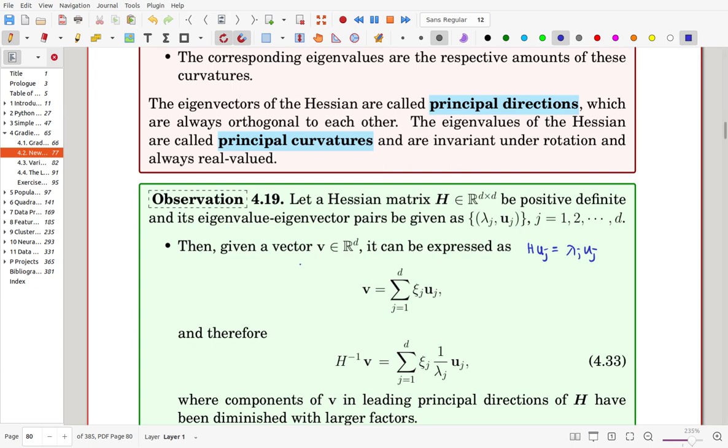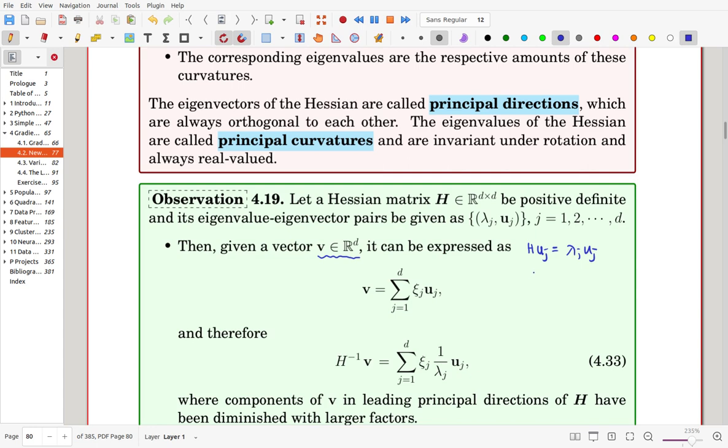Now let's choose a vector v from the d-dimensional space. Since H is positive definite, by using the d eigenvectors, v can be expressed as a linear combination of the eigenvectors. Once you apply H inverse in front of v, then we can get this expression.